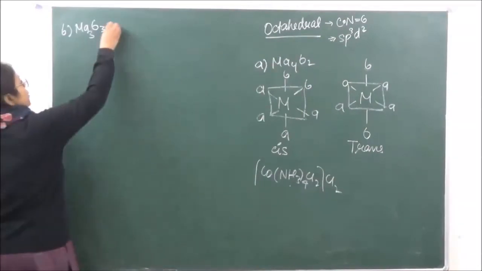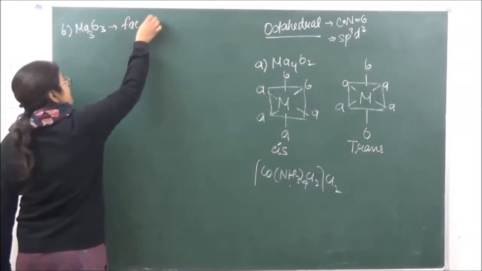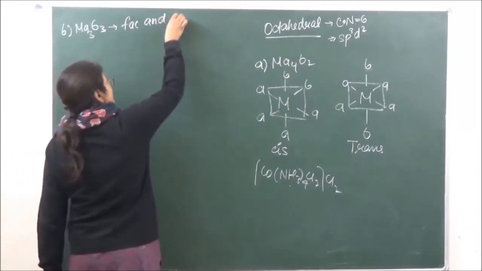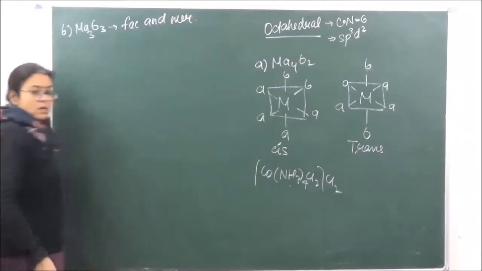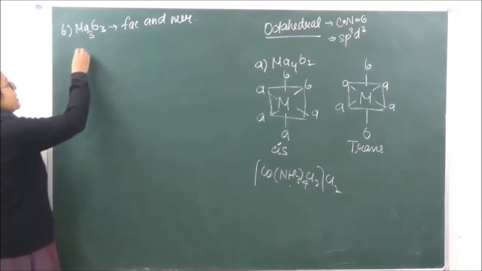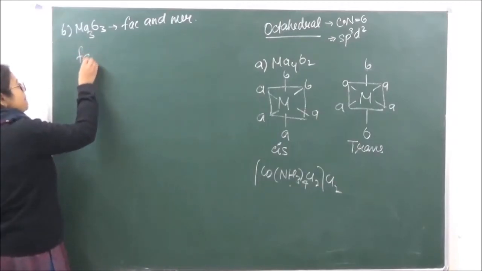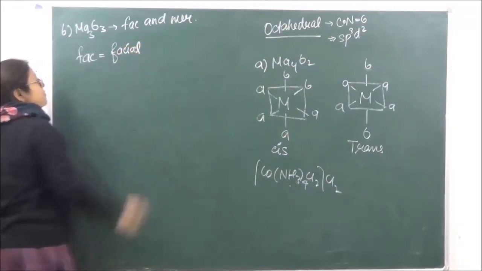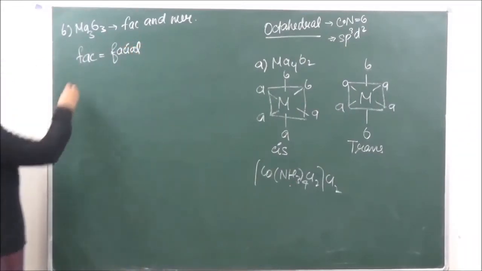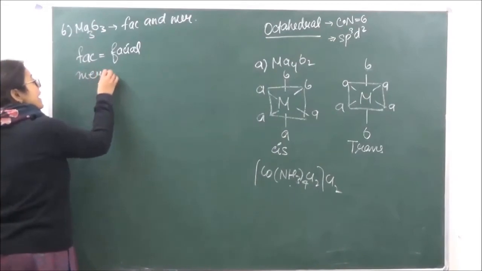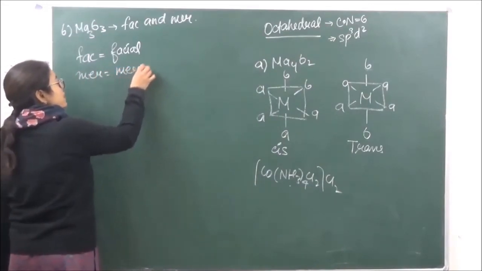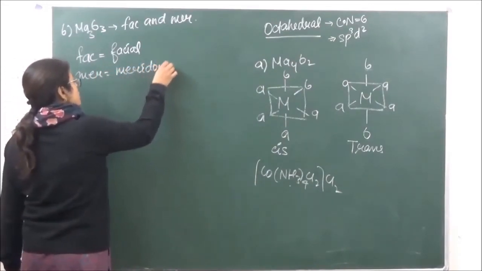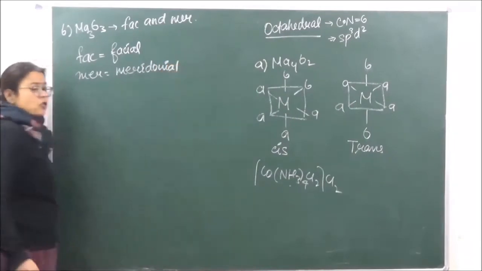Instead, they are going to show FAC and MER forms. Okay? Where FAC means facial, and MER means meridional. So these are the two positions which we have in octahedral geometry.